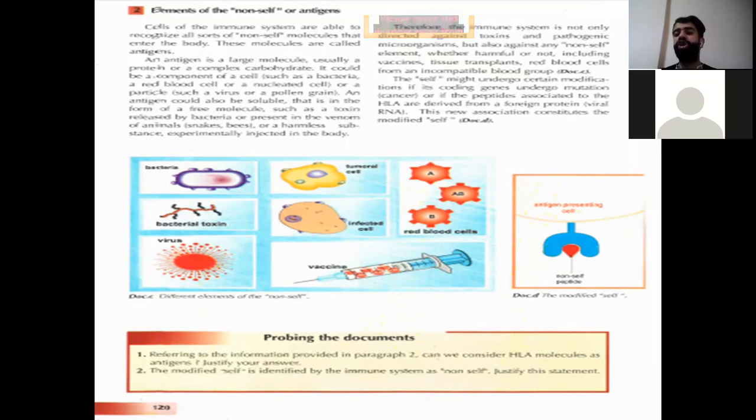The self might undergo certain modifications. Some of our cells undergo modifications. These modifications are called mutations, and they cause the appearance of something called the modified self. An example of this is cancer cells. Cancer cells are identified as modified cells.